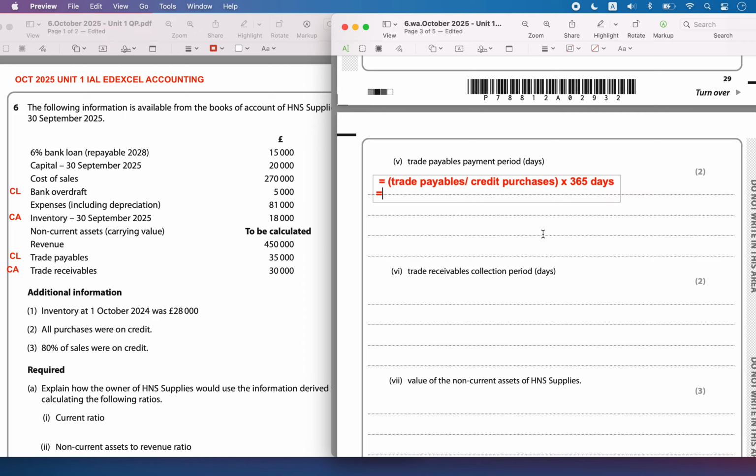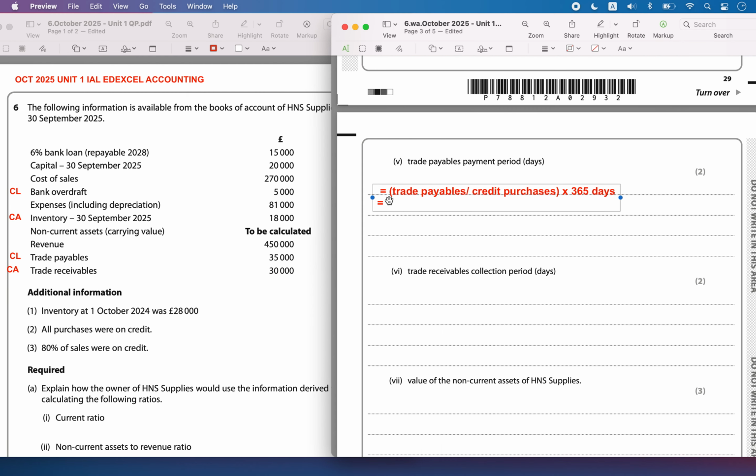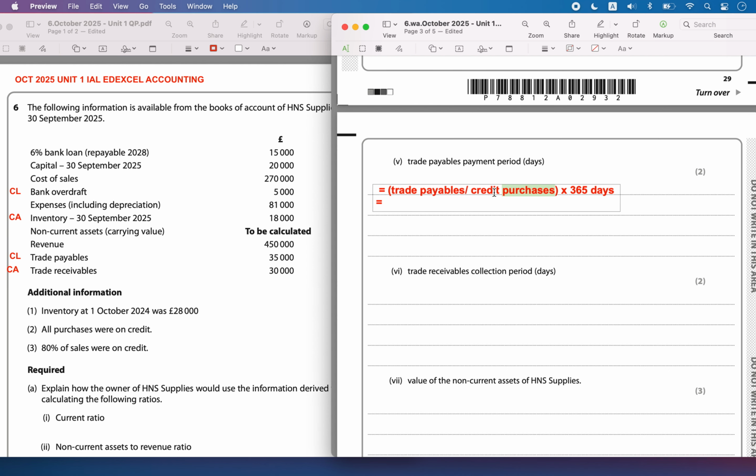So you will have to multiply by that many days. So what is the trade payables? Trade payables is 35,000.